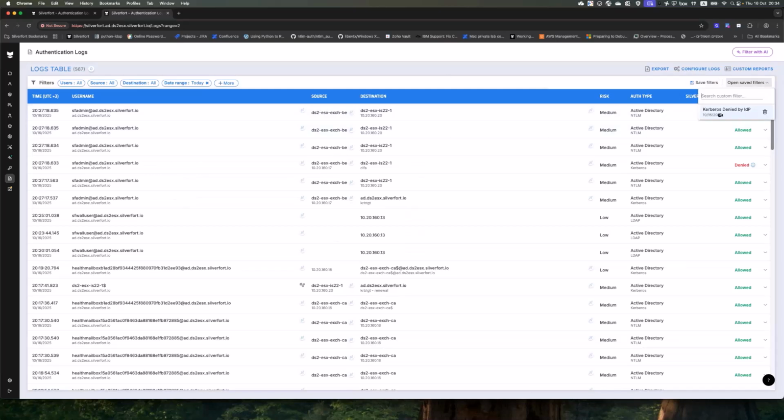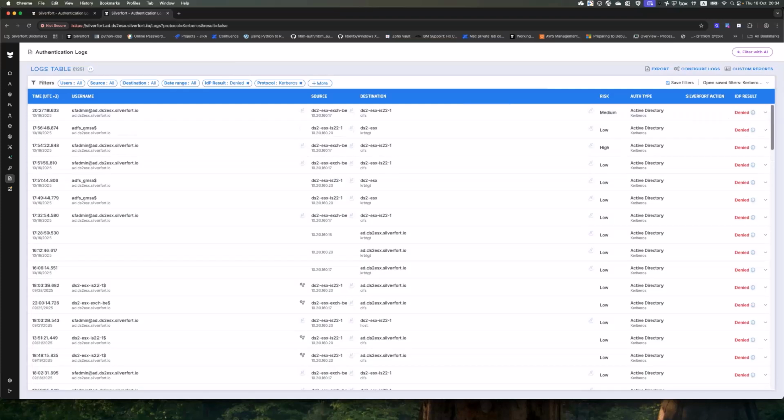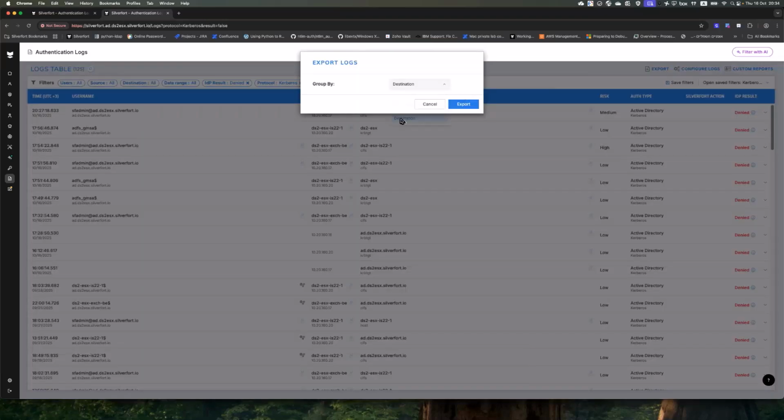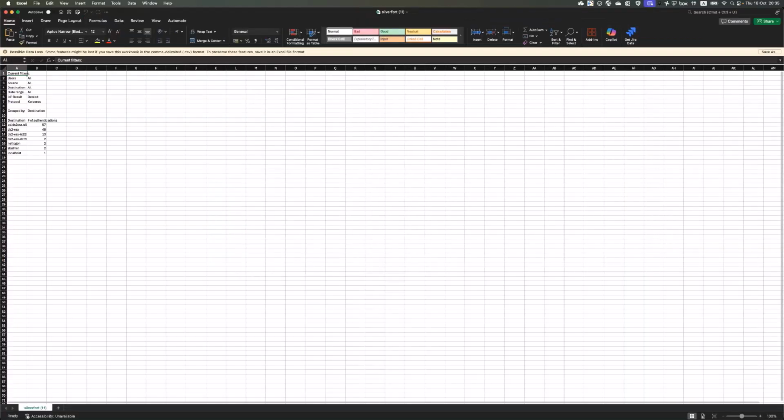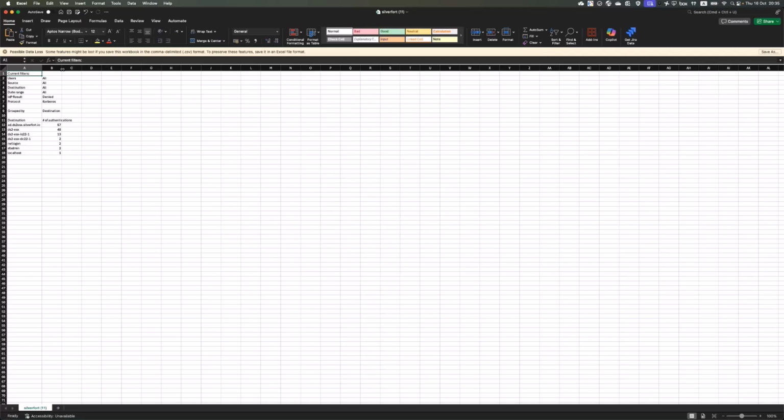I have created the Kerberos denied by IDP filters, and you can see I can actually export and group by the destination, and I'll have a full report of all the servers that have failed for whatever reason, the Kerberos authentications, as you can see here.